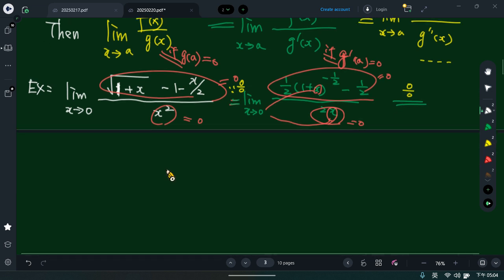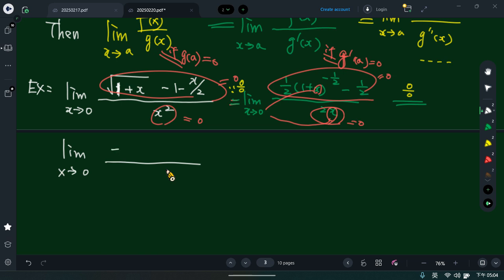So we can get the limit as x is still equal to 0. Then negative 1/4 times (1 plus x) to the power of negative 3 halves. Then this is 2. Okay. Right now you can see one of these two will be non-zero.